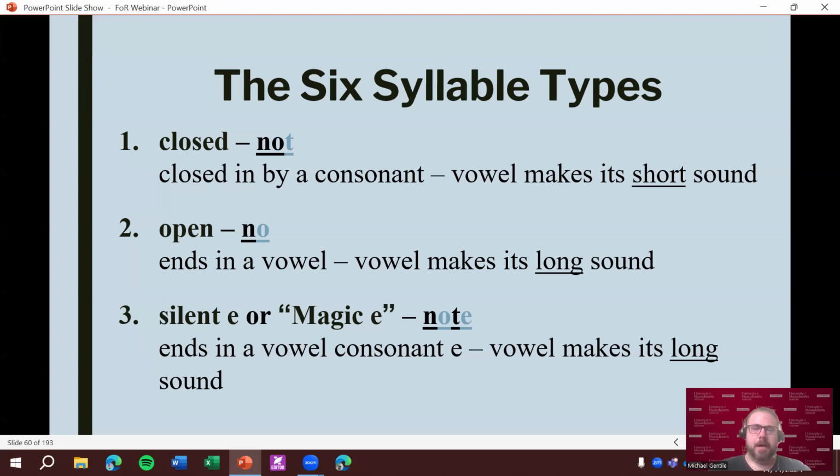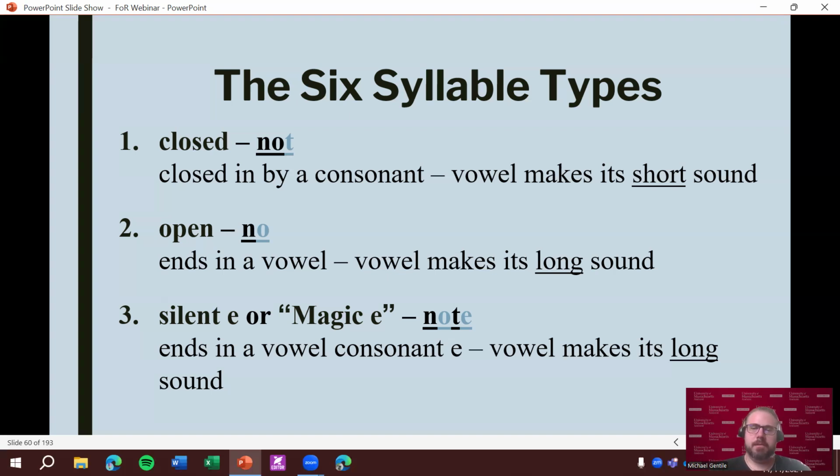Open syllables are when the vowel is left open, there's nothing closing it in, and when we have open syllables, the vowel is going to make its long sound, such as "no." Nothing is stopping that O and closing it in, so it makes its long sound. The third syllable type is called silent E, sometimes referred to as magic E. This is when there's a vowel sound followed by a consonant followed by a silent E, and the silent E signifies that the vowel is going to make its long sound, such as "note."